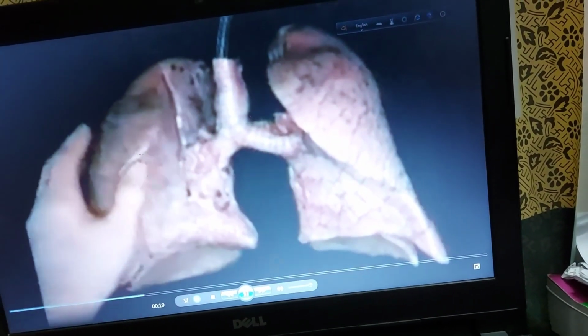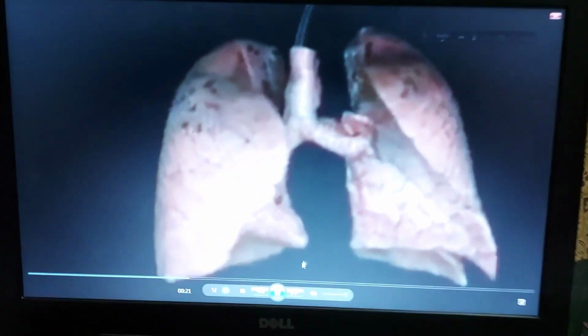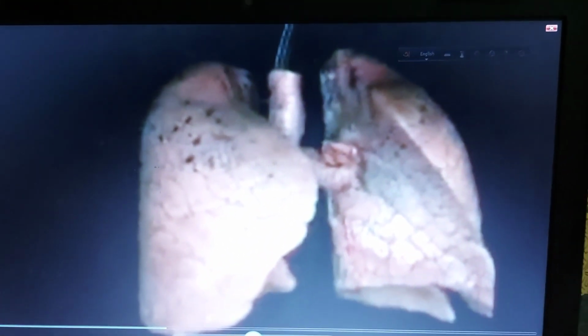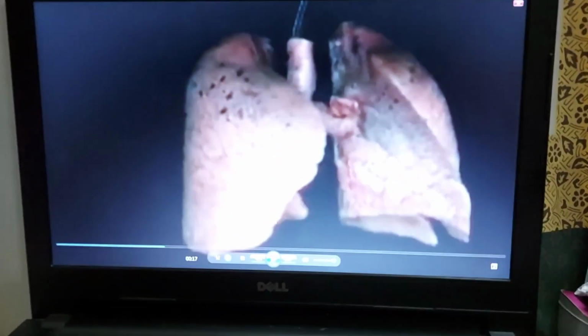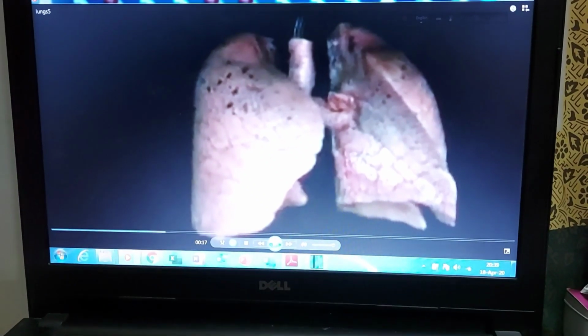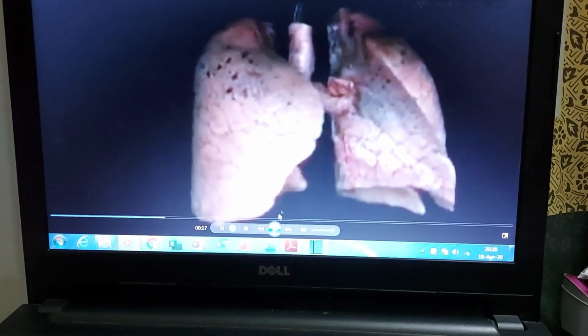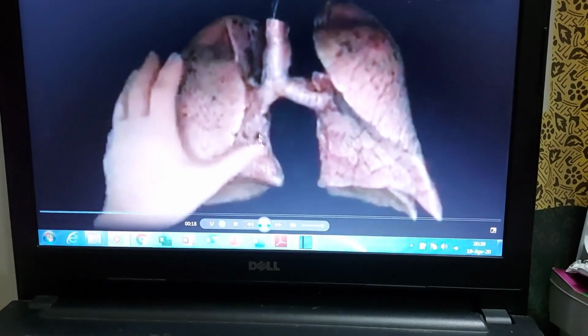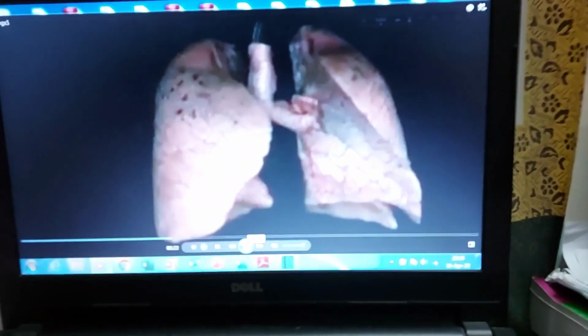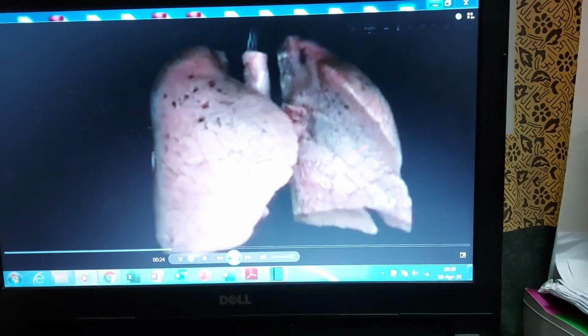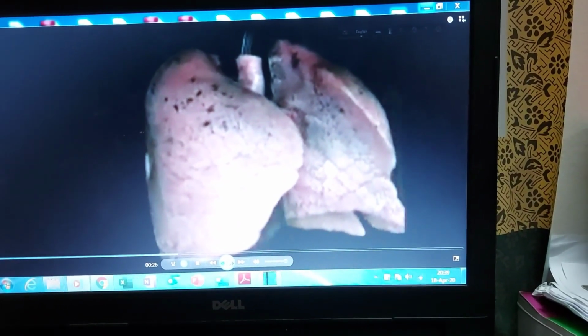One important thing is that if we want to describe the anterior border of the lung, we can see that there is a notch in the left lung.